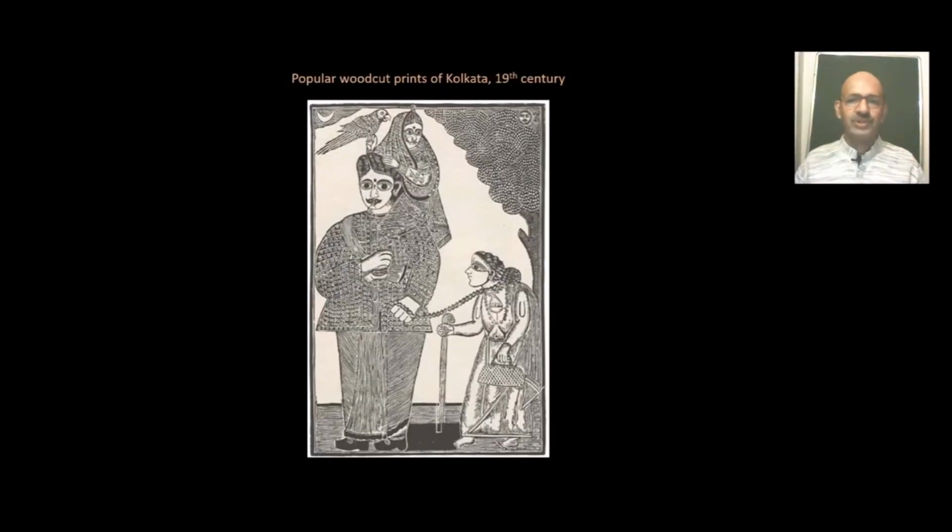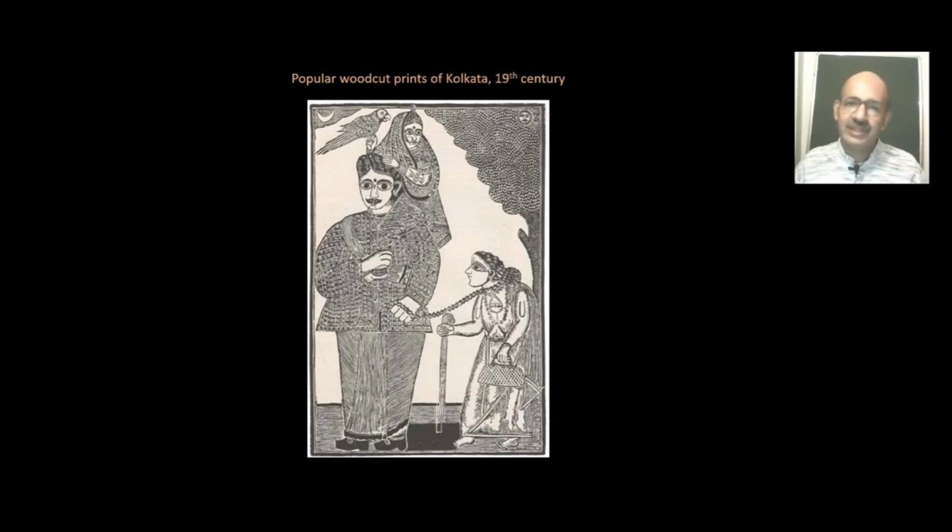Now, popular woodcut prints of Kolkata 19th century happens to form a part of that visual culture I'm talking about. Now, we have seen other forms of popular visual culture, that is Kalighat painting.